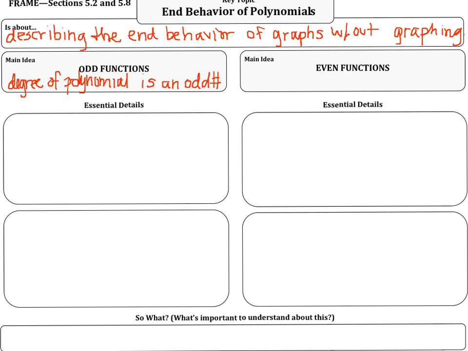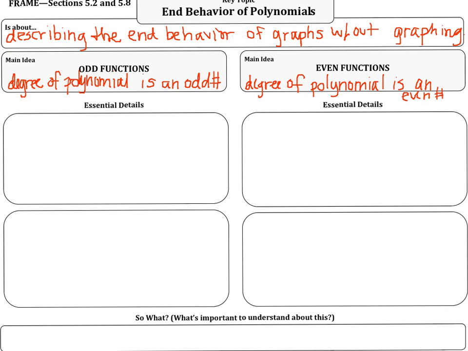It's called an even function if the degree of the polynomial is an even number. Makes sense. If the degree is odd, it's called an odd function. If the degree is even, it's called an even function.